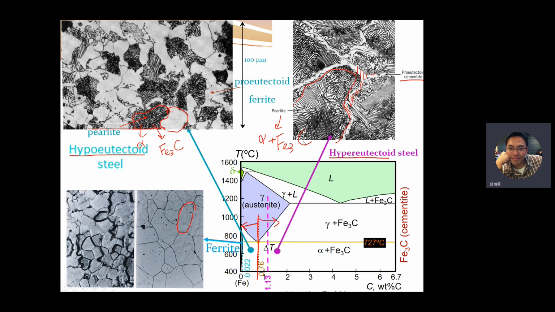Okay, so from these two microstructures, hypoeutectoid and hypereutectoid, which one has the higher mechanical strength or the higher hardness? Which one is stronger, hyper or hypo? You can tell from this microscope image.